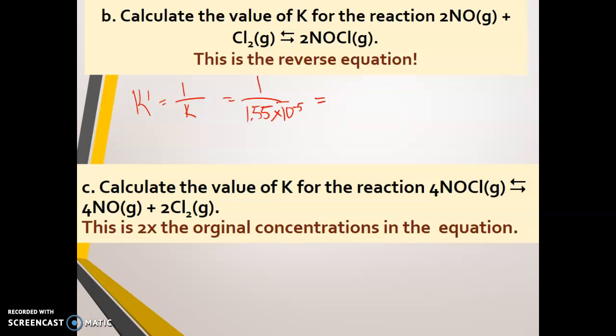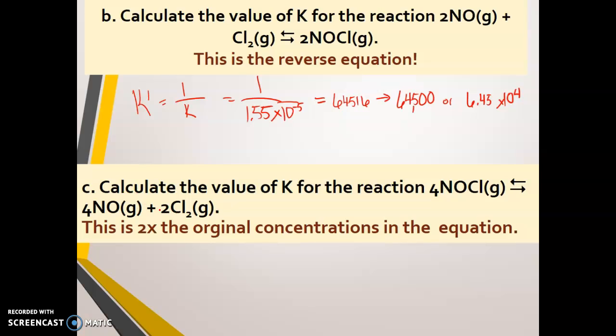When we calculate that, we get 64,516. We want to round that to 3 sig figs, so 64,500, or in scientific notation, 6.45 times 10 to the fourth. Either way is fine.